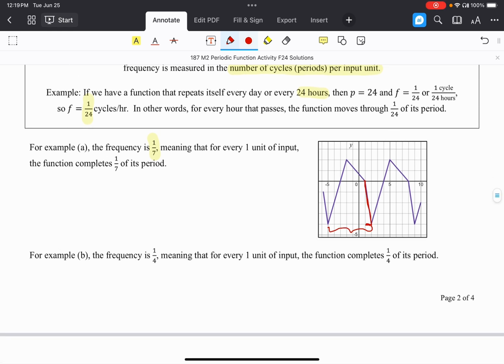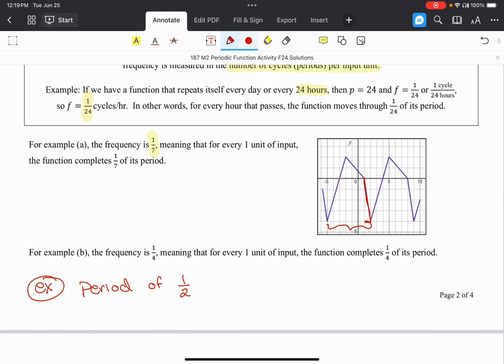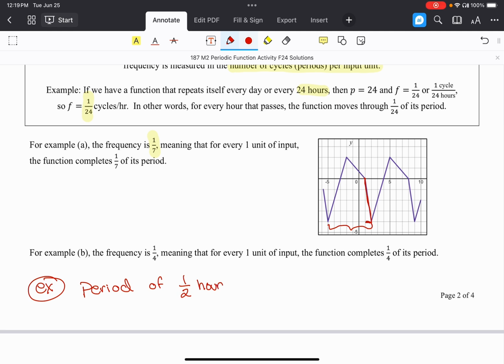Now, some people ask, what if you had, and I'm going to do an extra little example down here, a period of 1/2? So every 1/2 an hour, our pattern repeats itself again. What would be the frequency?